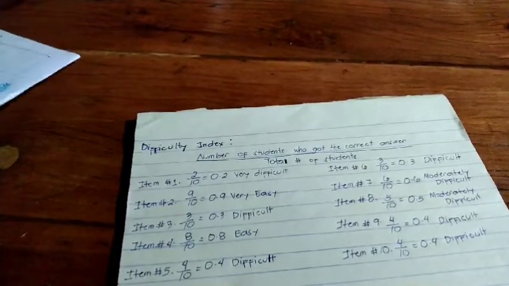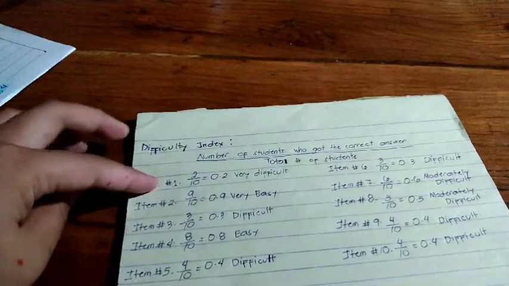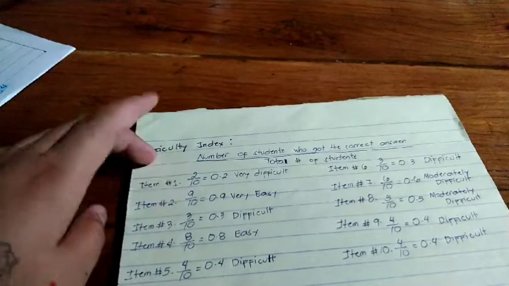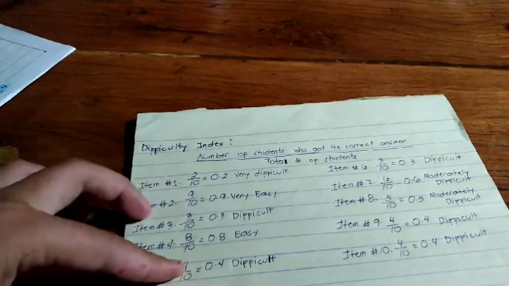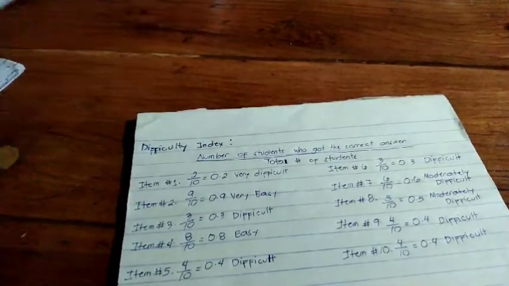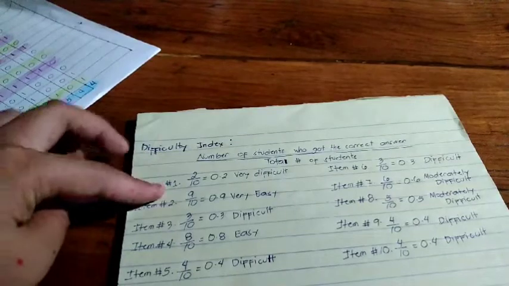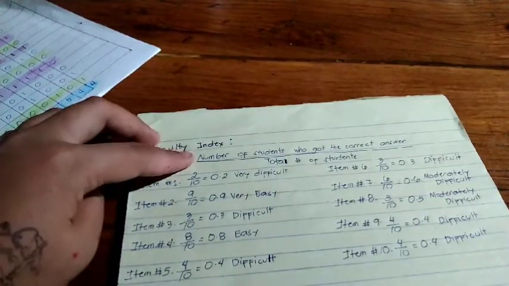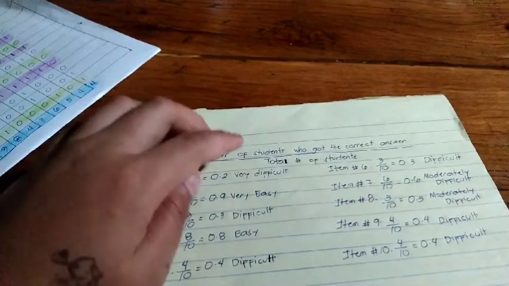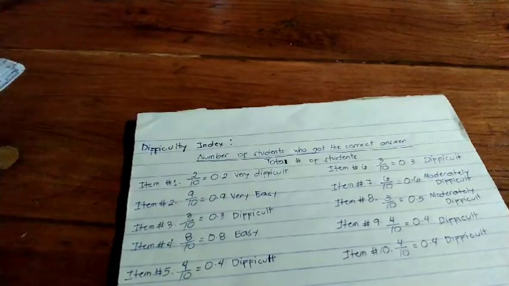We can see that I have already computed item 1 and item number 2. You may ask how I got it. I already totaled it and I will explain it briefly. To get the difficulty index, we need this formula: the number of students who got the correct answer over the total number of students.